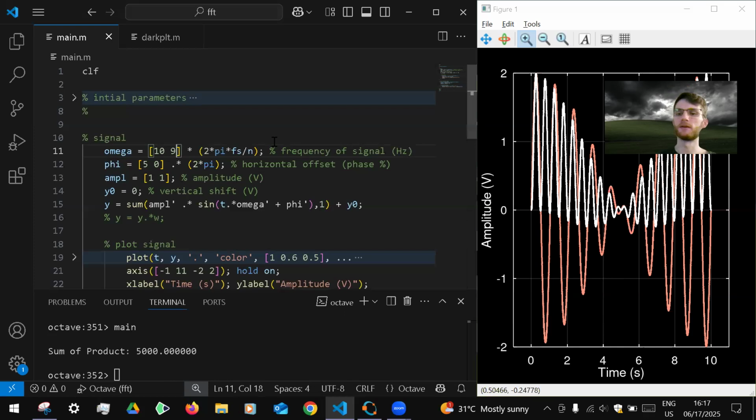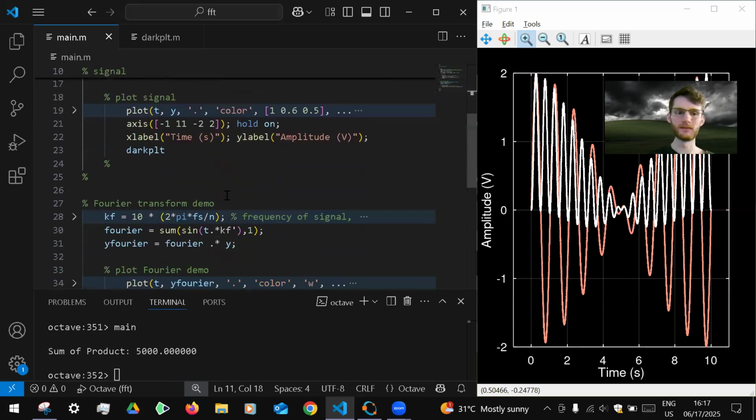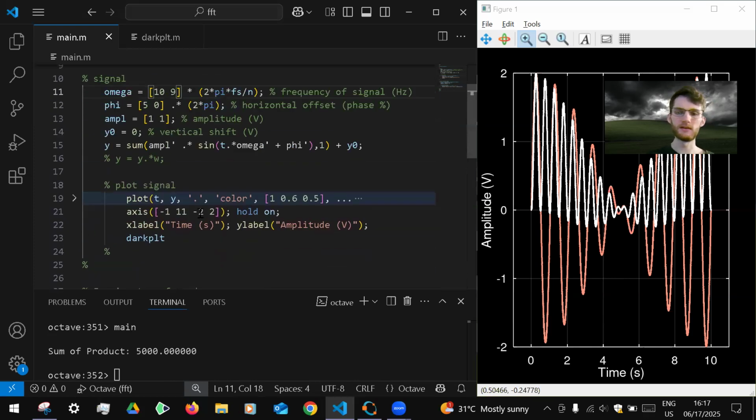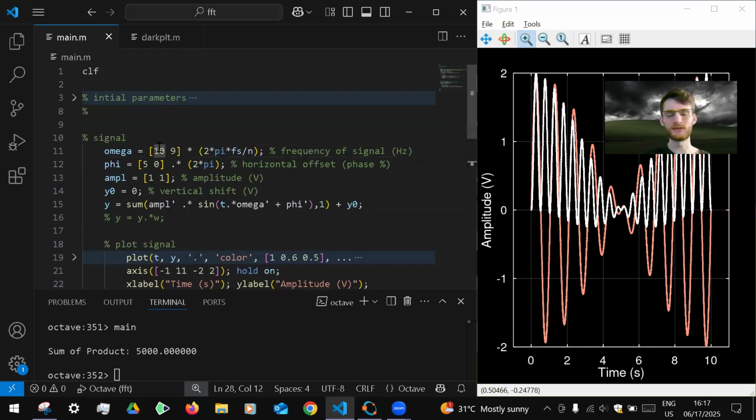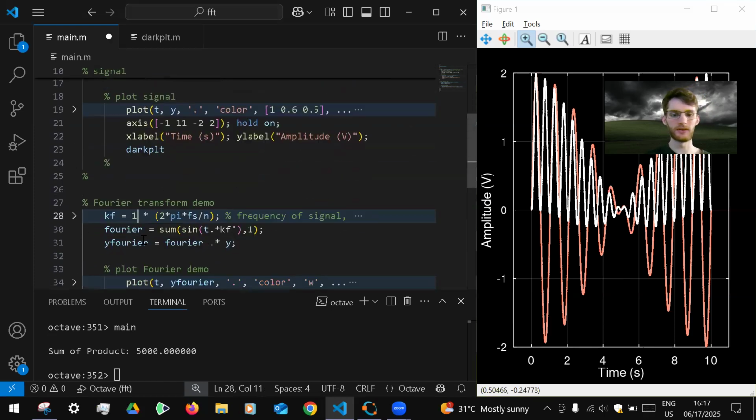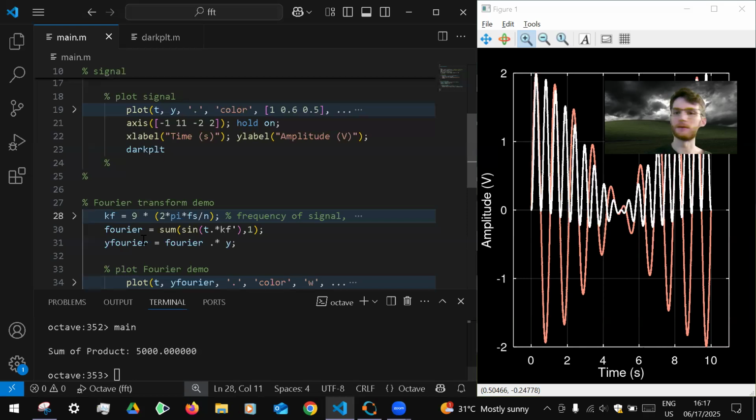But that depends on the horizontal shift. And it also depends on frequency. So if you don't have the right frequency, it's really not going to work. Actually, let me just show, because previously I have 10 cycles, and now I'm going to have 9. Now it also lines up.